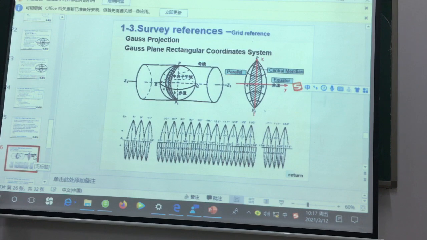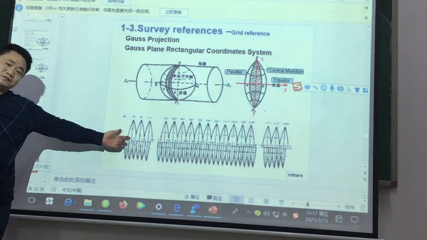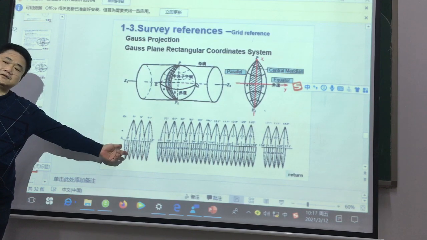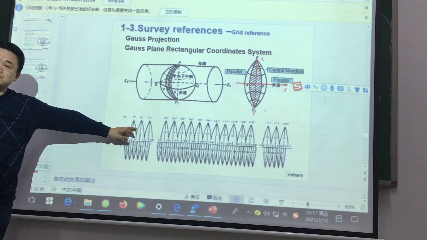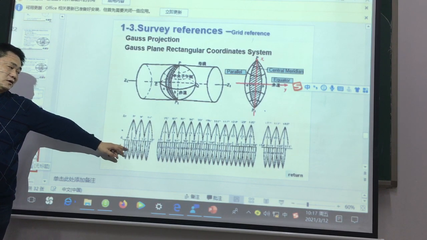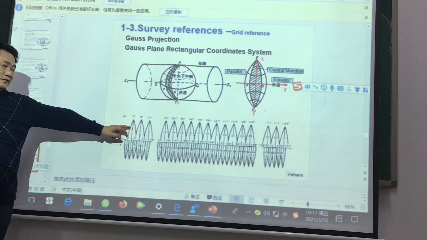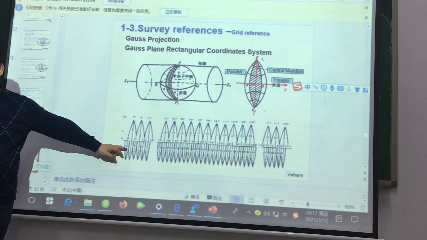For the globe, in this situation, we divide the surface of Earth into many sections. If divided by 6 degrees or by 3 degrees, we can divide the surface of Earth into 60 or 120 sections.